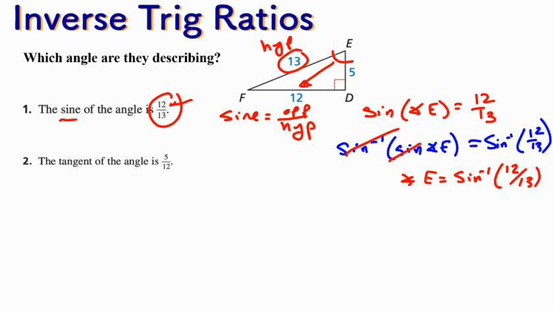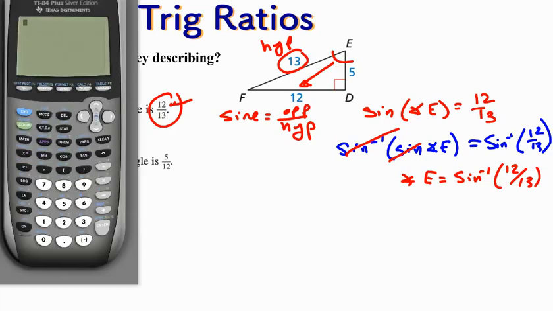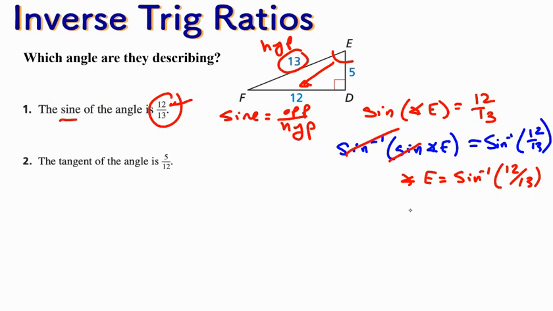And this is where we get our calculators out. And you'll notice that above sine in blue is sine inverse. So we have to hit the second key, sine. You see on the calculator screen, sine inverse is there. And we'll put 12 divided by 13, close the parentheses, hit enter, and we get 67.4 degrees.